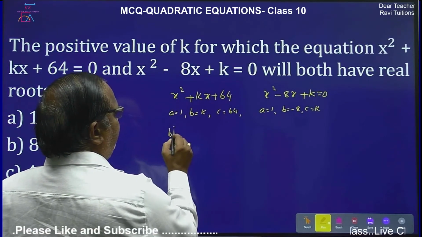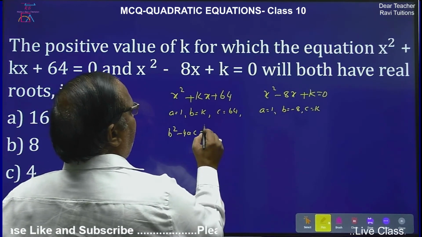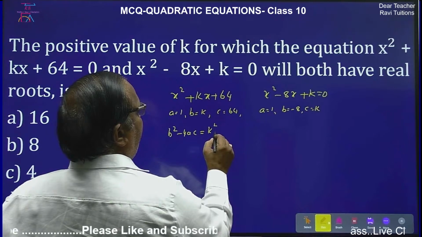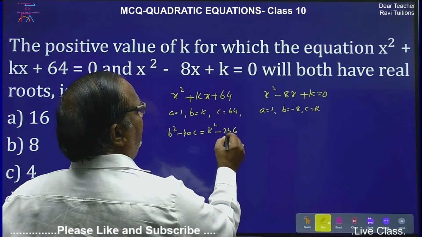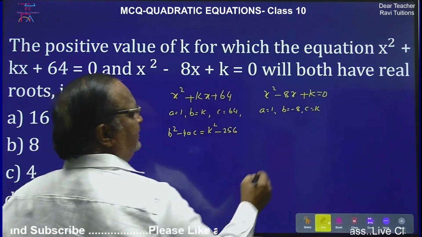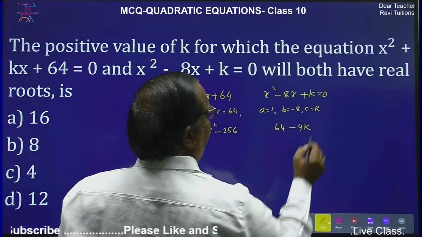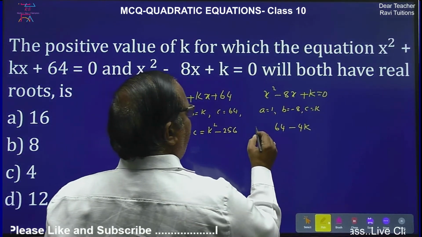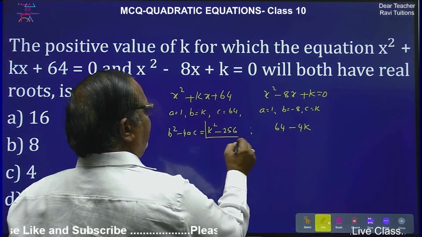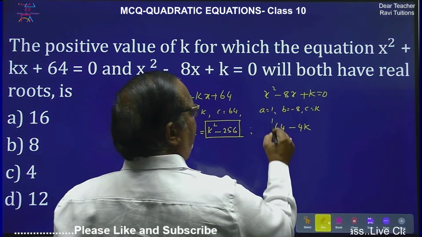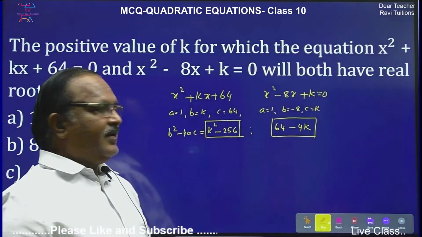Now b square minus 4ac is k square minus 256 in the first, and 64 minus 4k in the second. In both cases I have got b square minus 4ac. Now you have to equate it to greater than or equal to 0.